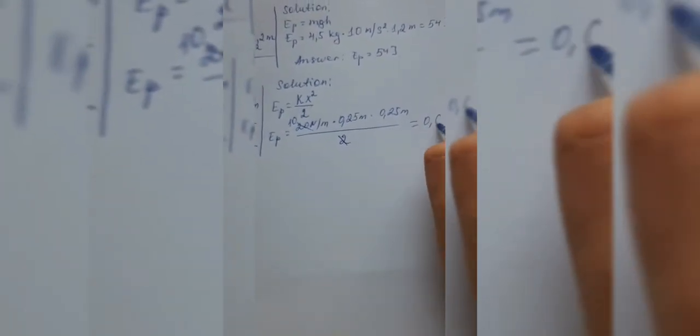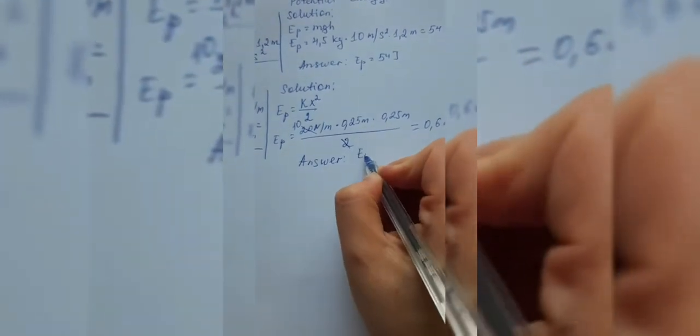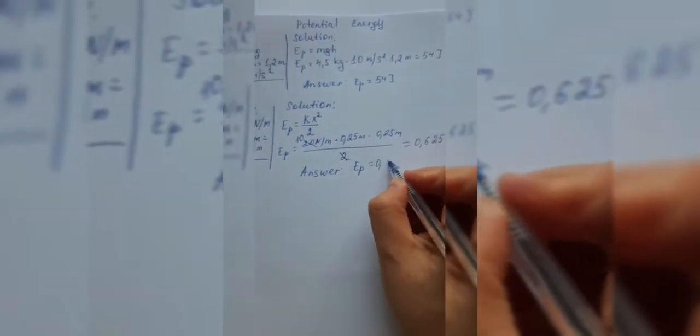Our answer is 0.625 joules. Answer. Potential energy is equal to 0.625 joules.